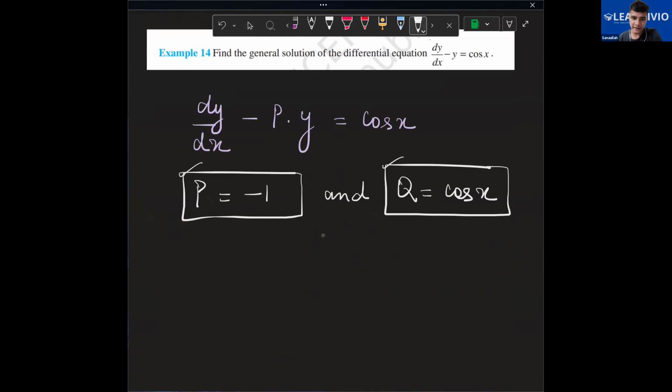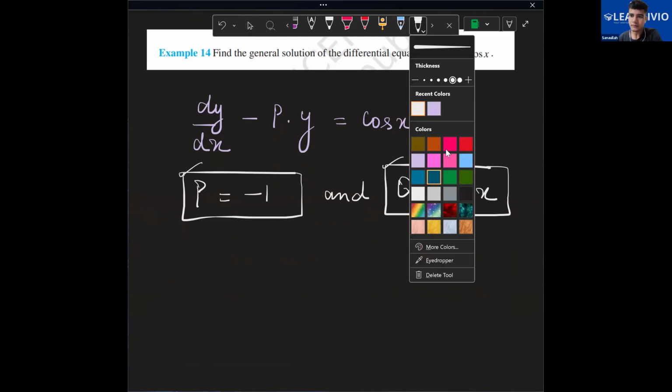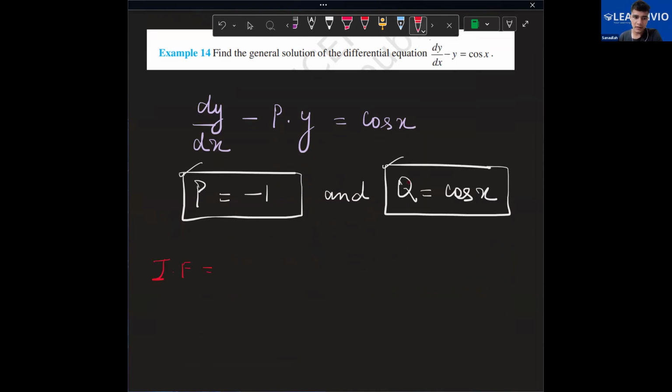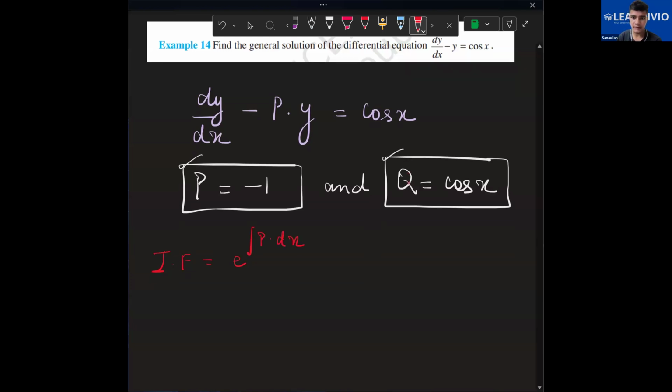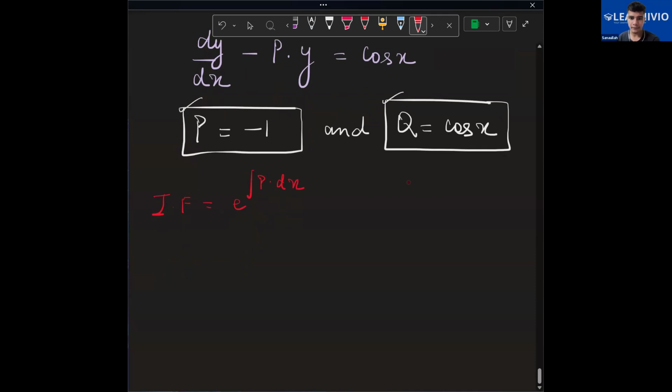Now after this, you have to find the integrating factor. The integrating factor is e power integration of p dx, that is e power integration of minus 1 dx. This will give you e power minus x.